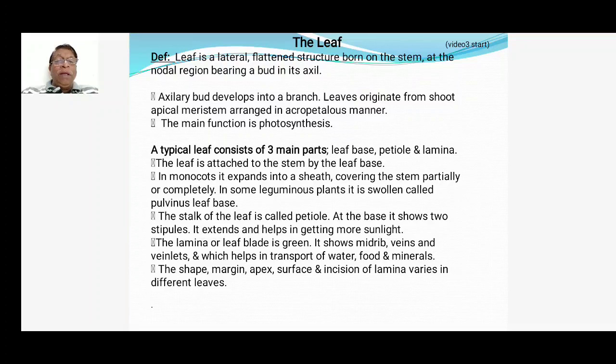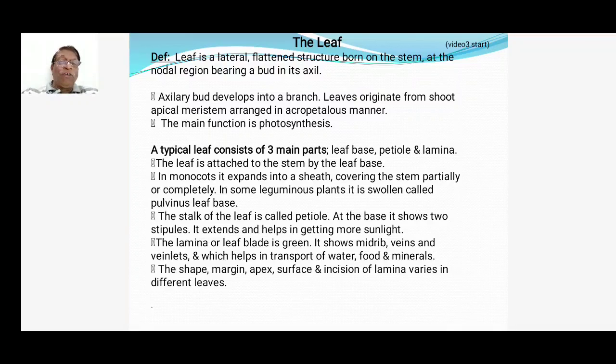If we examine the margin and the shape of the leaf, different shapes are there. Say, for example, some leaves are ovate, oval. Some are heart-shaped. Some are arrow-shaped. The margin of the leaf we call leaf margin.